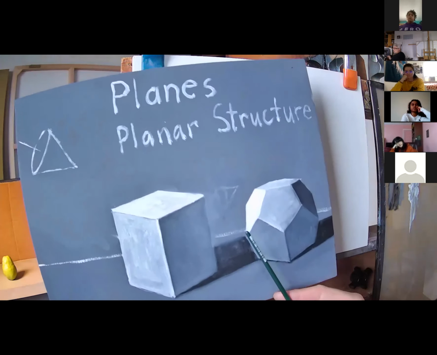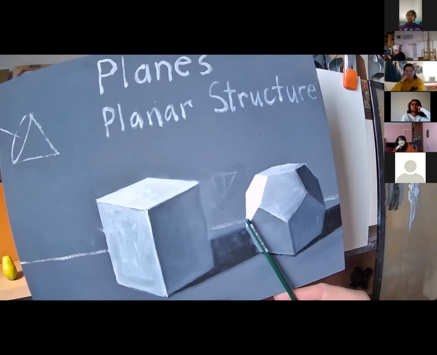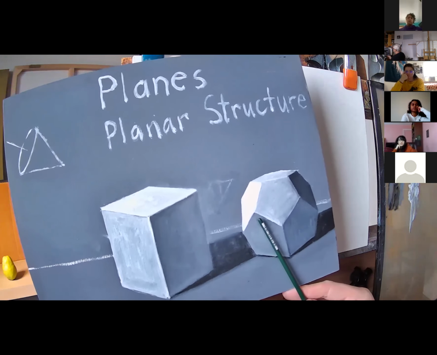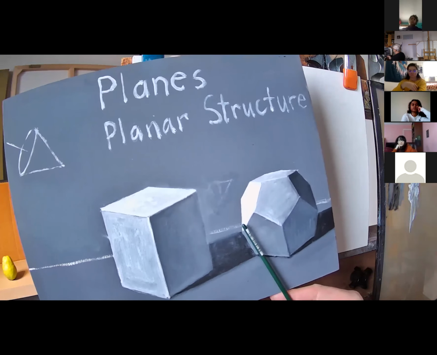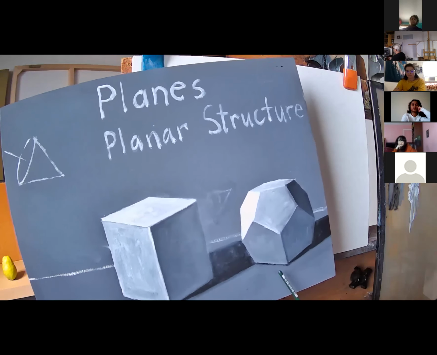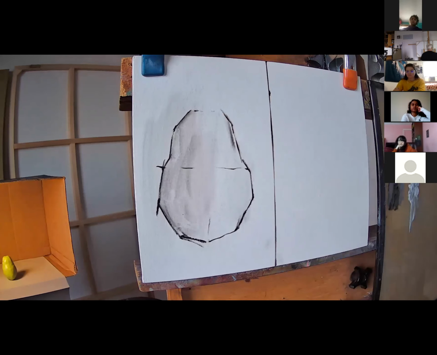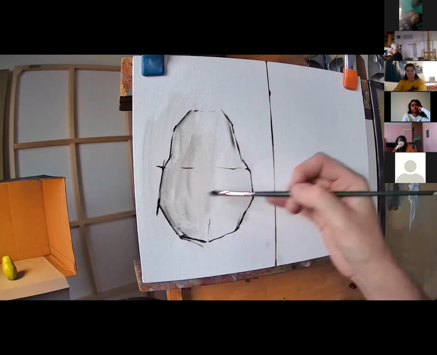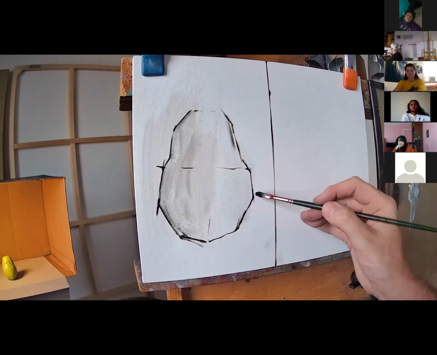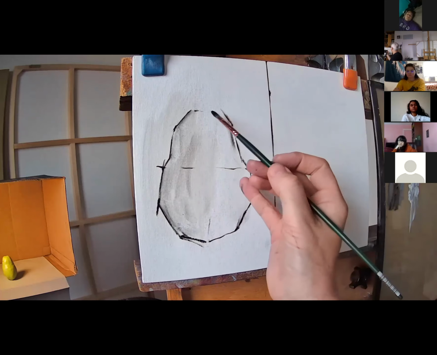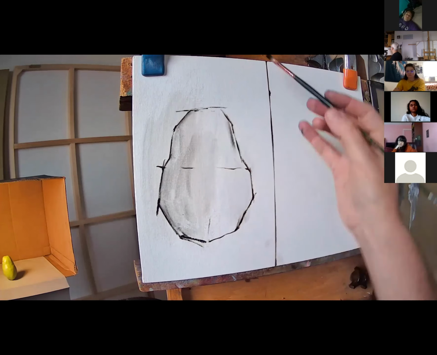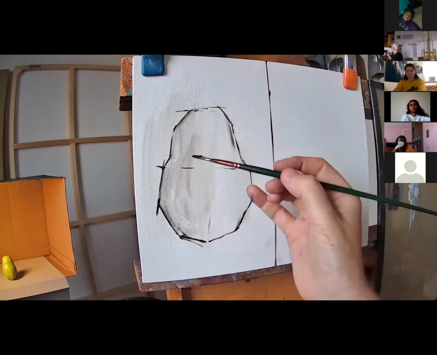The same way the straight line on the contour of this dodecahedron corresponds to the direction of that plane. The angle of that straight line tells us the angle of that interior plane. And so if we're thinking about organic objects as constructed of a series of planes, this helps us understand that aspect of them.